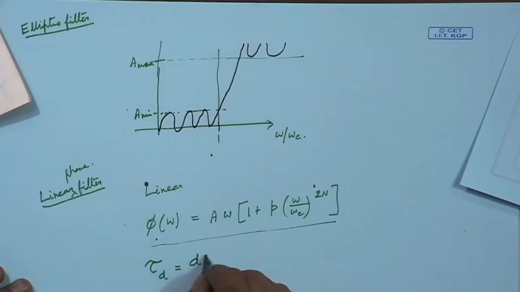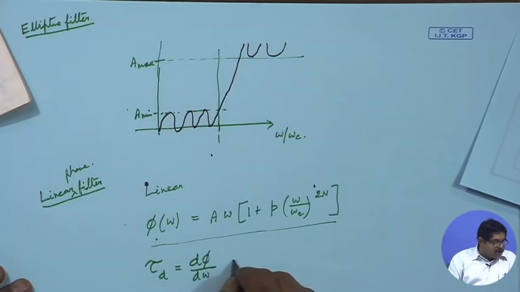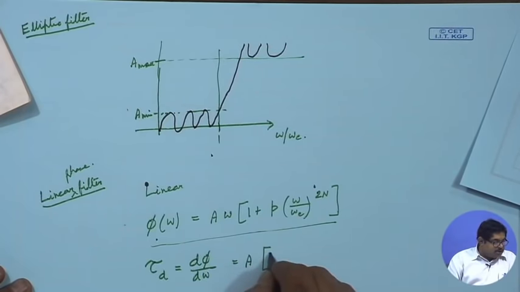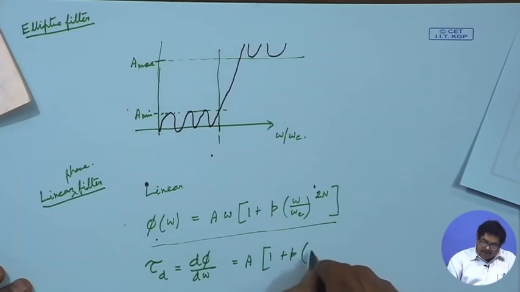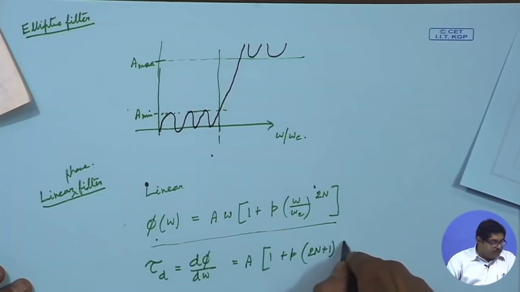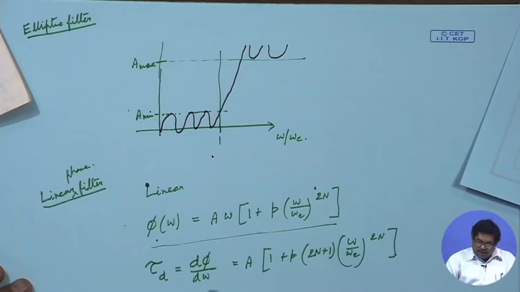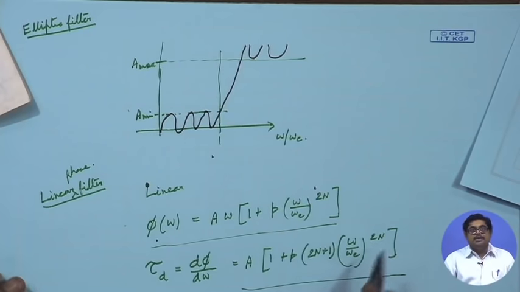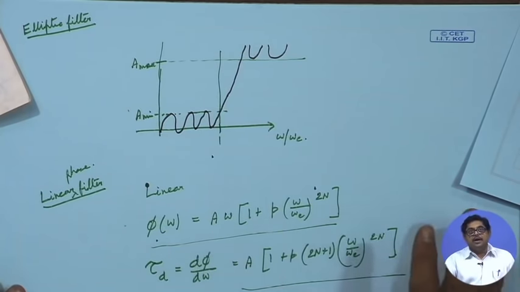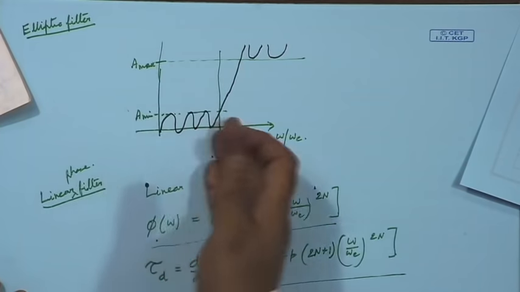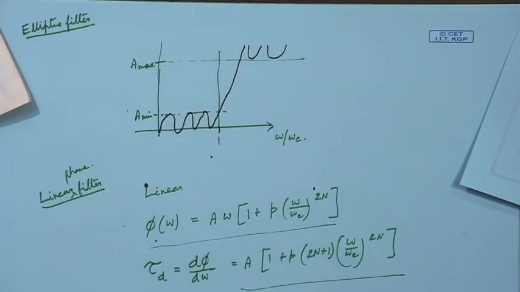So, that is given by d phi by d omega, and you see it turns out to be 1 plus p (2n plus 1) (omega by omega c) whole to the power 2n. So, again you see it is a maximally flat response. So, that may be tolerable. So, if you use a linear phase filter, you have it like that.